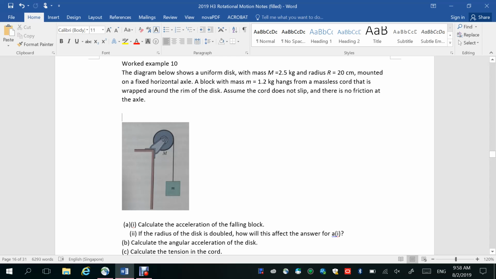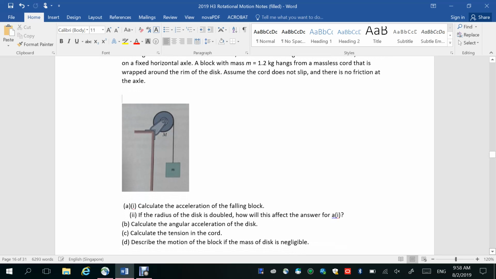But the block m, because it's going down in a linear motion, you can still use F equals ma, the linear form of Newton's second law. So in this question, I repeat, we will have to consider the linear motion of the small m using F equals ma, and then consider the rotational motion of the disc using torque equals I alpha. Form two equations, and just like in H2 dynamics, we solve them simultaneously.